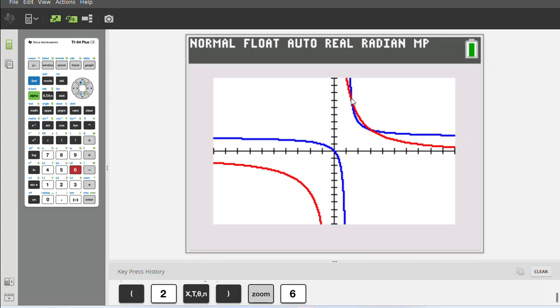I'm coming around, guys. So arithmetic is when you subtract.